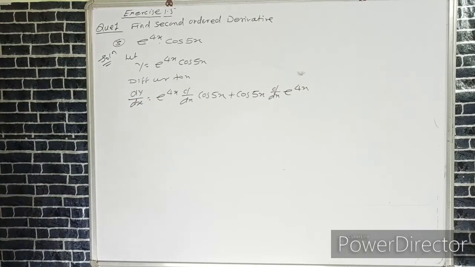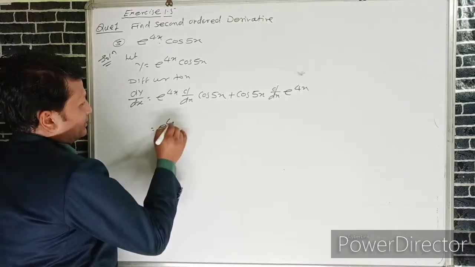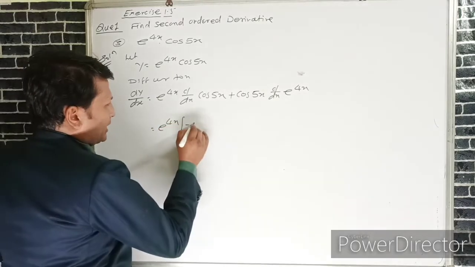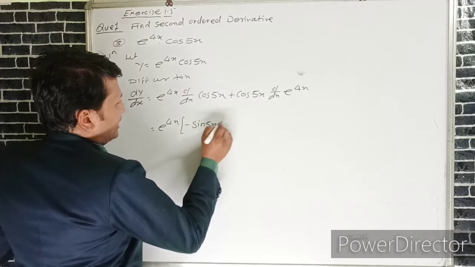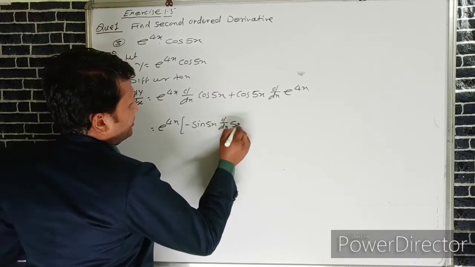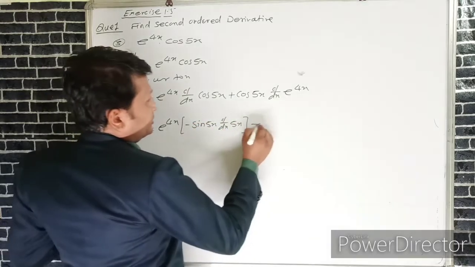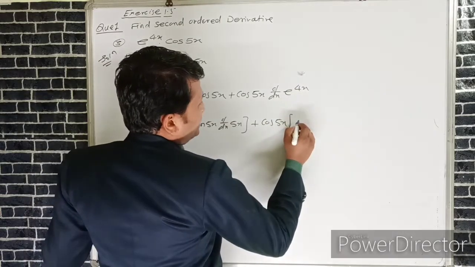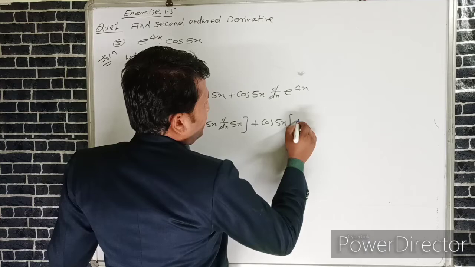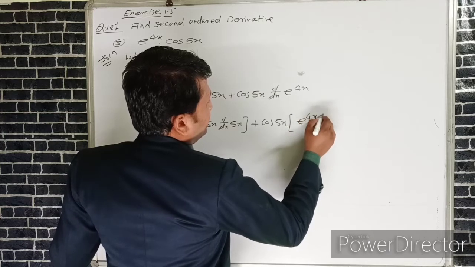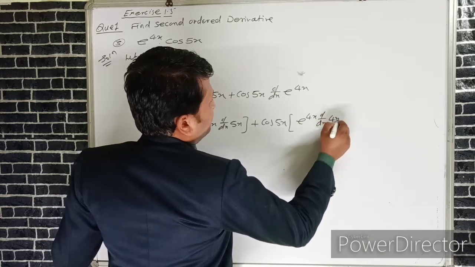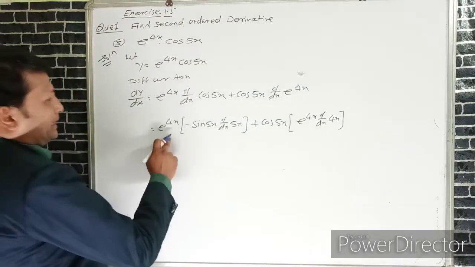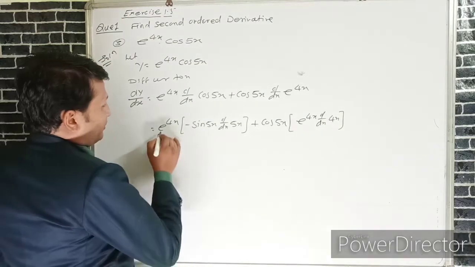Now e to the power 4x as it is, and the derivative of cos 5x, which is minus sin 5x, and we take the derivative of 5x, plus cos 5x as it is. The derivative of 4x is 4, so we get 4 into e to the power 4x.